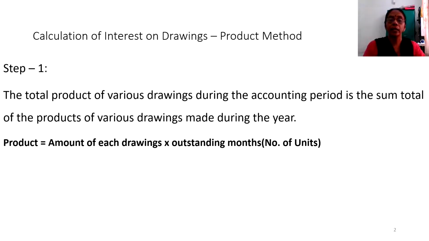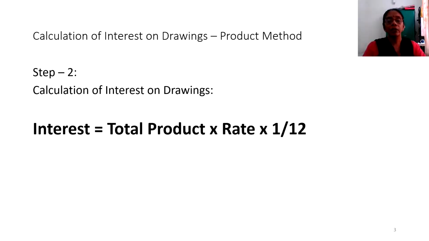Normally, the outstanding period is denoted in terms of months. That would be the period from the date of withdrawal till the year end, whichever financial year we are computing. Once we ascertain this product, the next step is that the sum of these products would give us the total product. So it is important that we find the total product.